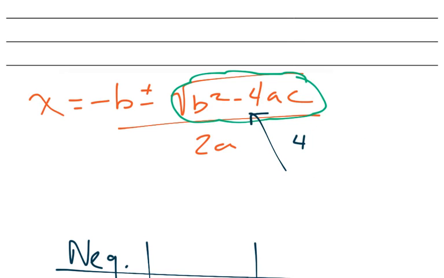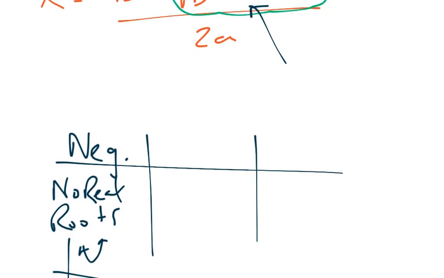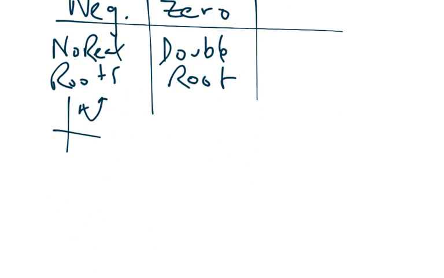And so because there'd be no change to it, you would only have these parts that mattered, because I wouldn't be adding or subtracting anything to it. So there'd be no plus or minus, which means there'd be no two options. So in the case that the discriminant is equal to 0, that means there only is one real root, or a double root. So that means your graph is just barely touching the x-axis at one location.